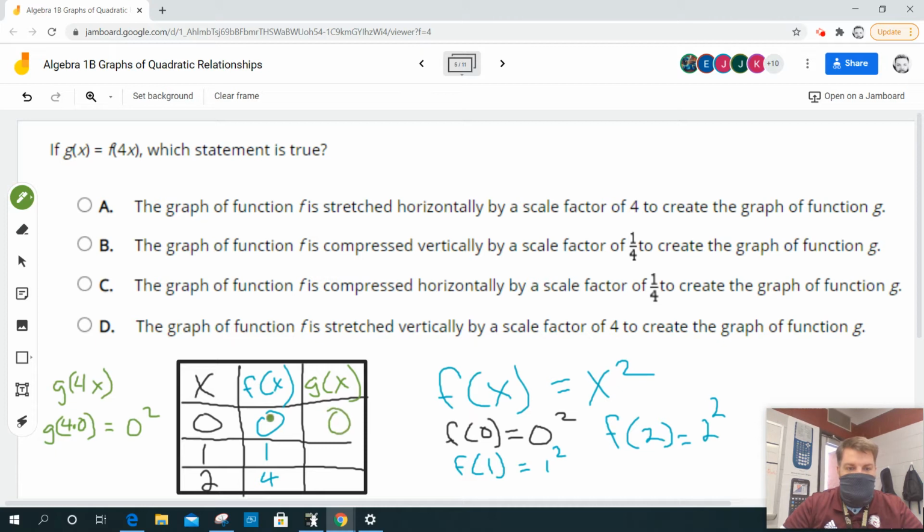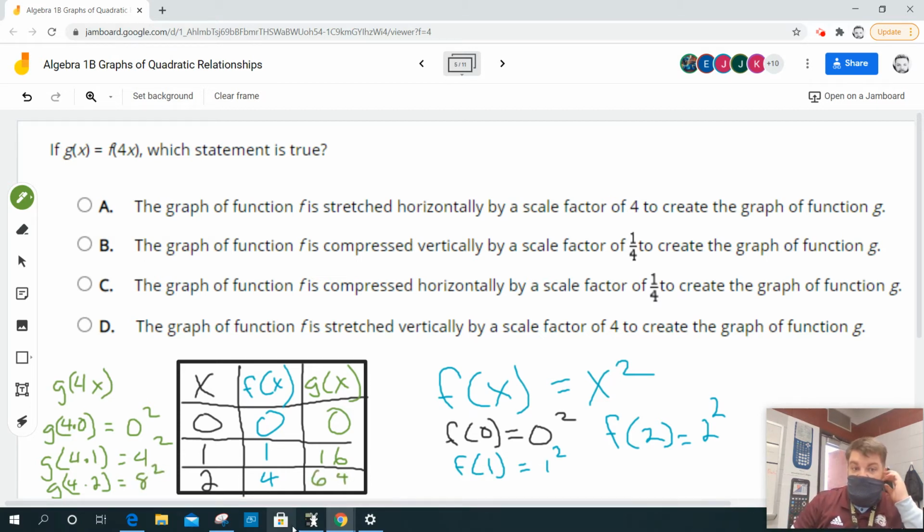So that's going to be 0. But g of 4 times 1 is 4, so that's 4 squared. So that's 16. G of 4 times 2, right, because I'm evaluating my x value, is 8 squared, so that's 64.